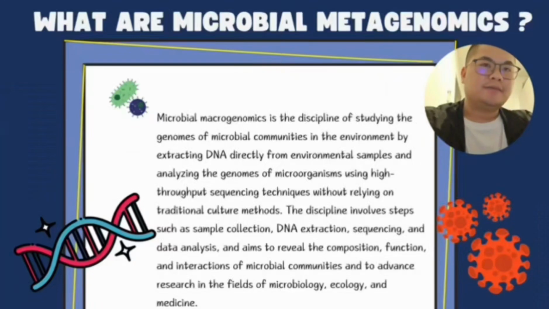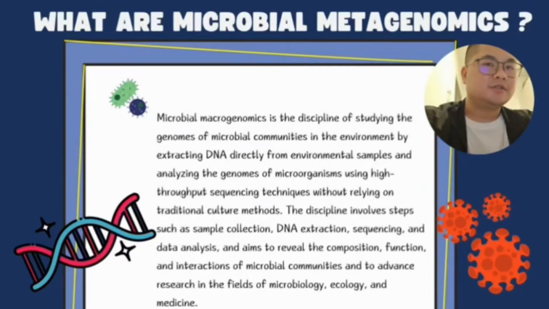I'm going to talk about principles of microbial metagenomics. Let me introduce that. Microbial metagenomics is the discipline of studying the genomes of microbial communities in the environment by extracting DNA directly from environmental samples and analyzing the genomes of microorganisms using high-throughput sequencing techniques.